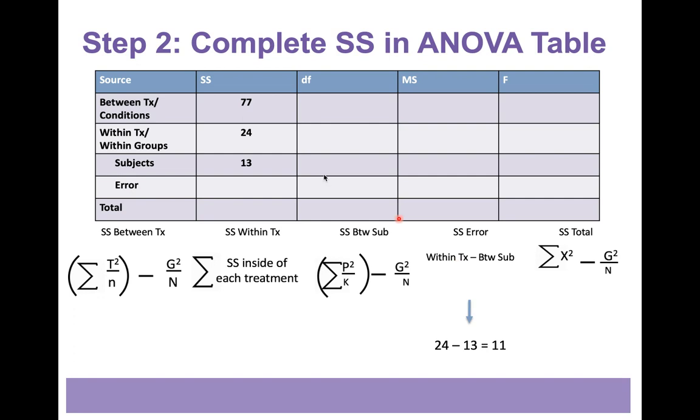So because individual level or subject level and error variability are my two components of within groups variability, I'm going to take 24 minus 13, and it gives me 11. So I end up with 11 sum of squares for my error variability.